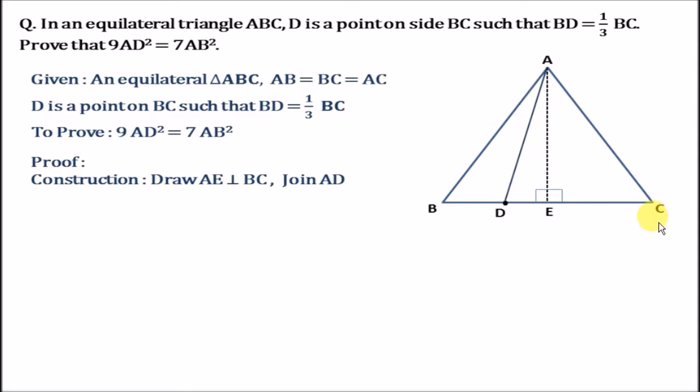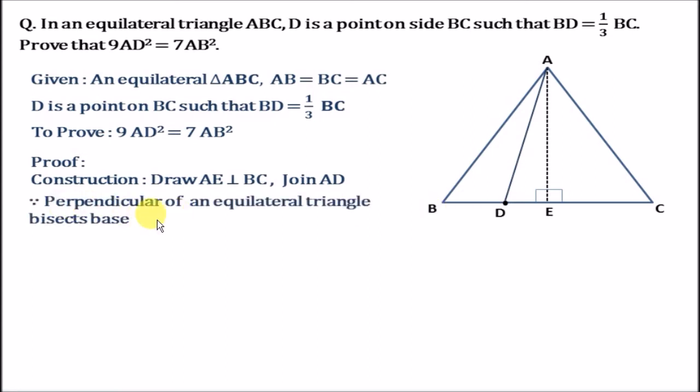The bases of the right triangles are BE and DE, and now let's evaluate them first. As the given triangle ABC was an equilateral triangle and we have constructed perpendicular AE over side BC, and since the perpendicular of an equilateral triangle bisects its base, that means base BC will be divided into 2 equal parts.